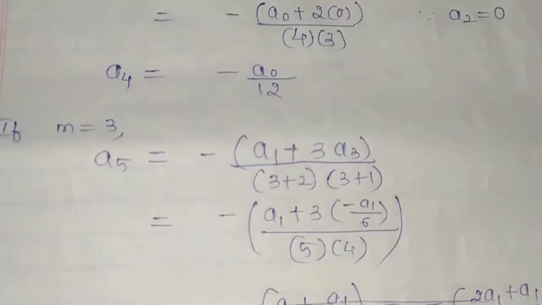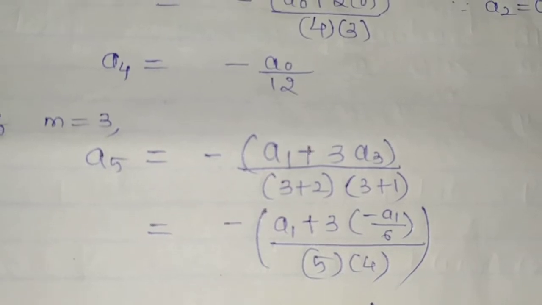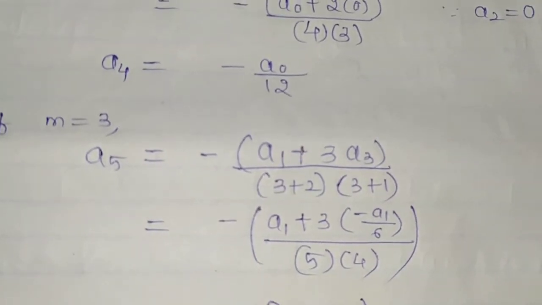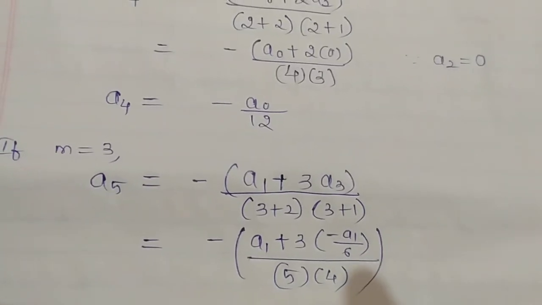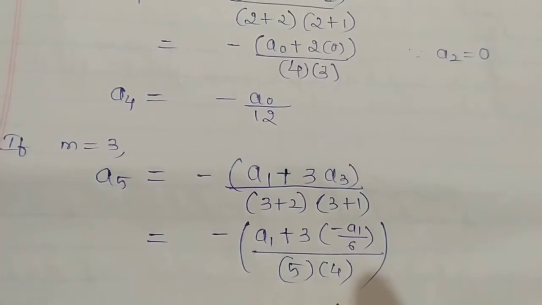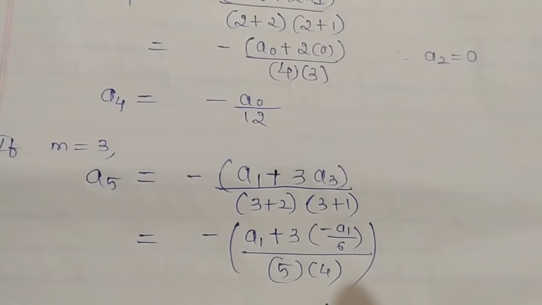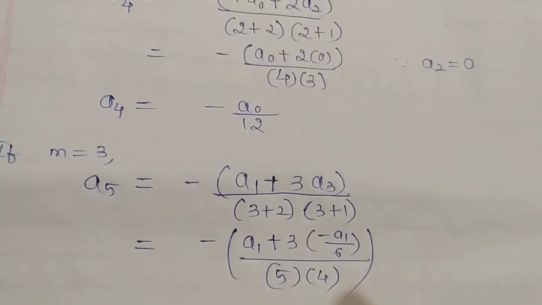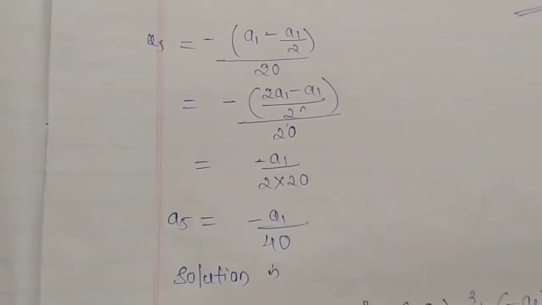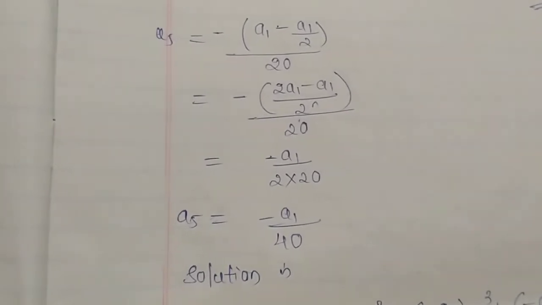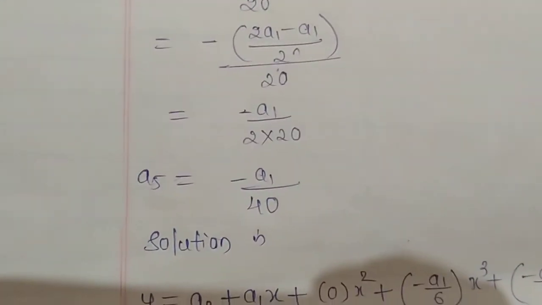After simplifying, we will get a5 is equal to minus of [a1 plus 3 into minus a1 divided by 6] divided by 5 into 4, because my a3 is minus a1 divided by 6. And after simplifying this, I will get a5 is equal to minus of [a1 minus a1 by 2] whole divided by 20. Then after simplifying this, I will get minus a1 divided by 40, that is my a5.